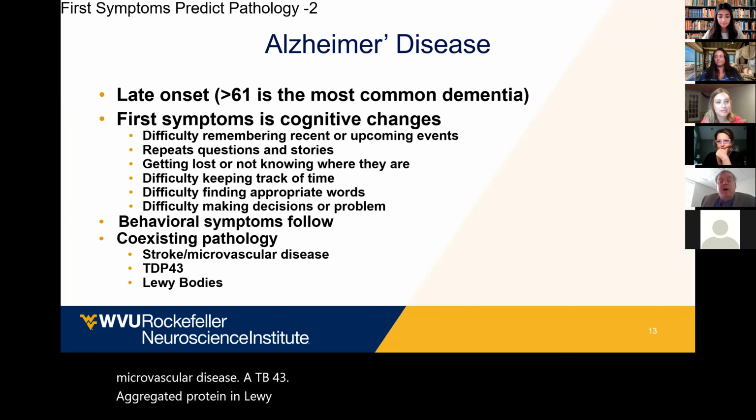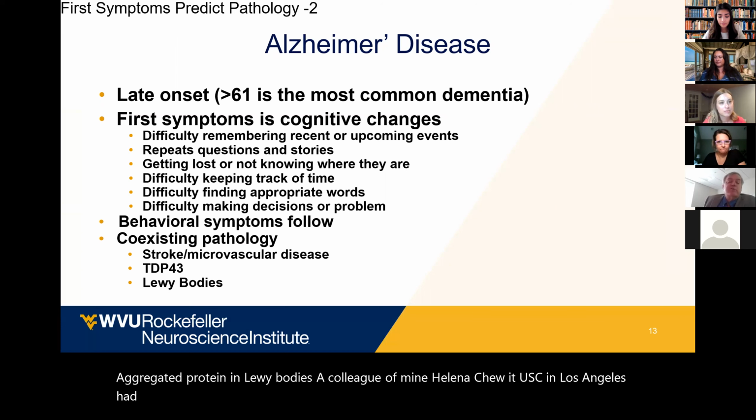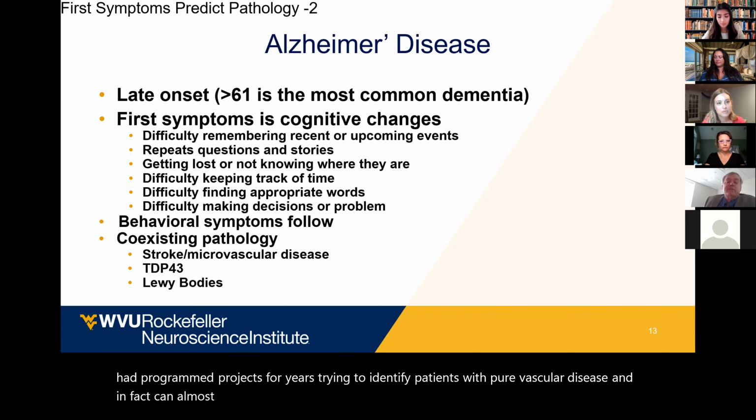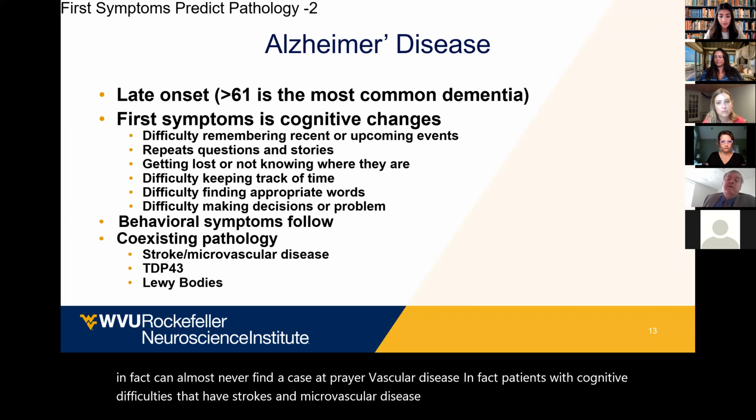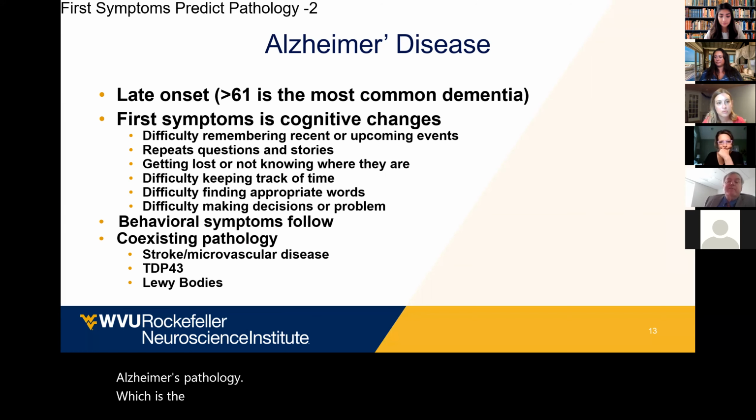A colleague of mine, Helena Chui at USC in Los Angeles, had program projects for years trying to identify patients with pure vascular disease, and in fact can almost never find a case of pure vascular disease. In fact, patients with cognitive difficulties that have strokes and microvascular disease typically also have Alzheimer's pathology, which is the predominant cause of the cognitive difficulty, can be hard to deduce.